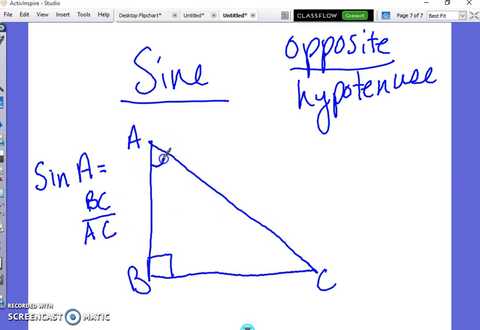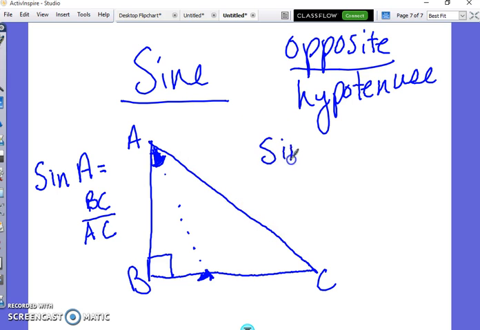If you're at angle A, you're going opposite over hypotenuse. It's the opposite of the angle over the hypotenuse of the triangle.